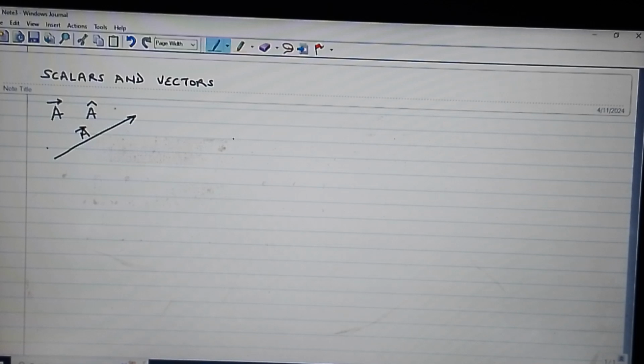Now you may ask, what does this component imply?